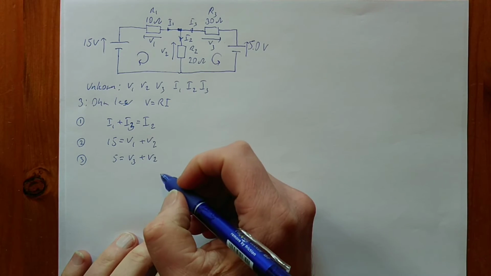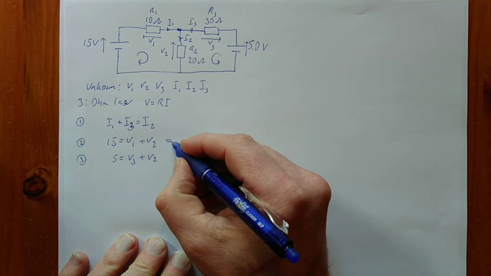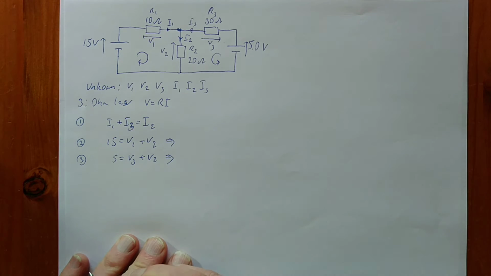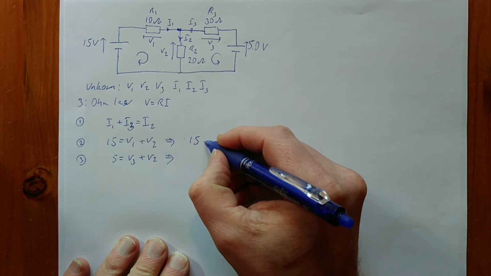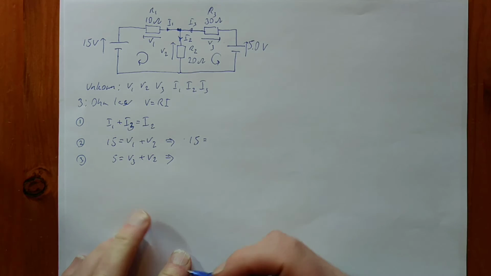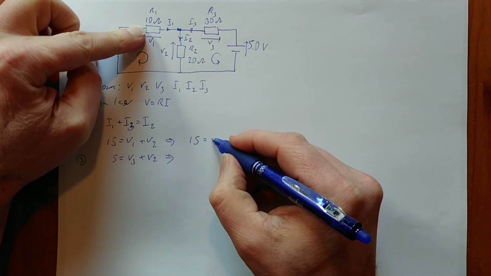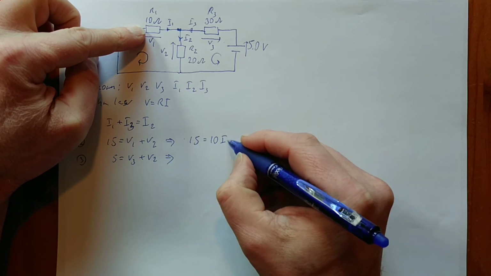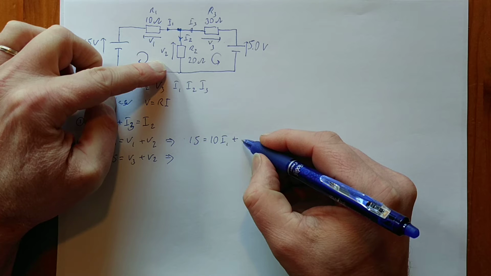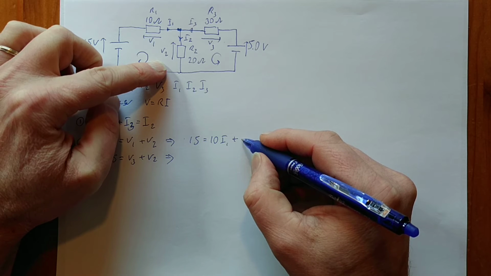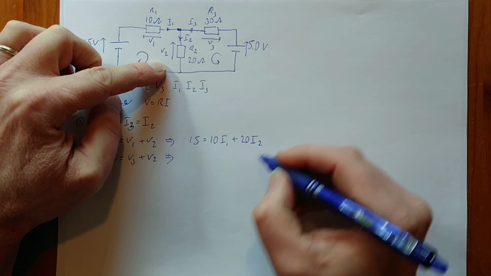We will actually use this one to create 2 new equations here, right? So what we'll do is write 15 equals V1, which is R1, that is 10 times I1, plus V2, which is now 20 times I2.